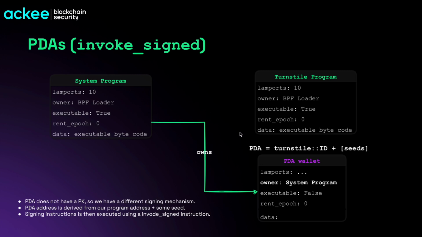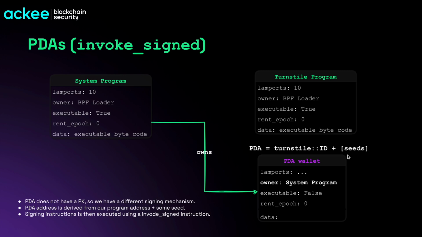So that's where PDAs come in. Again, a PDA wallet is just an account that is derived from our program address, which is our program ID. We worked with the program ID in our previous lecture where we changed our program ID when we deployed the program. So you can take this program ID and add some form of seed. Let's say we will call this wallet, for example, Vault.